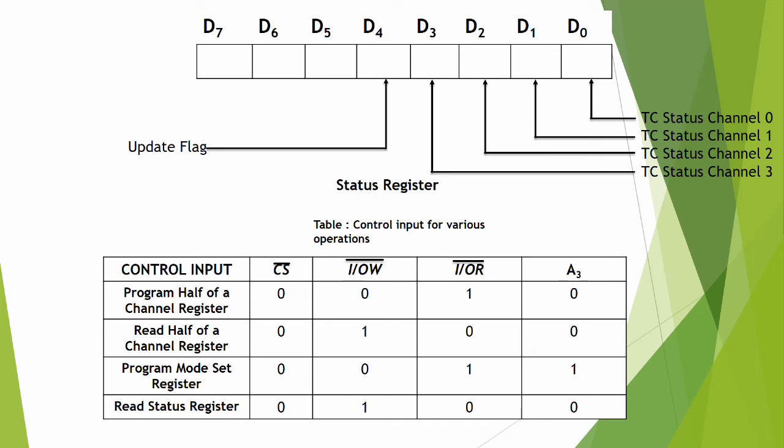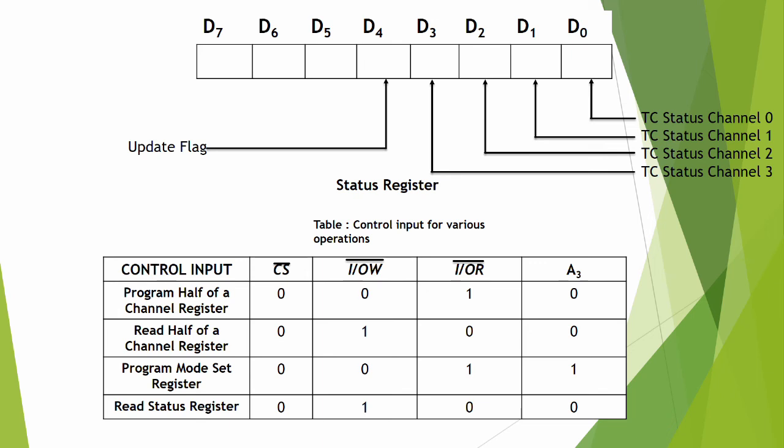The status register gives us the status of terminal count for channel 0, channel 1, channel 2 and channel 3. If D0 is 1, in that case the terminal count for channel 0 is reached.